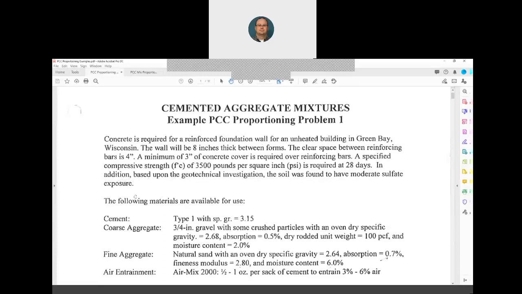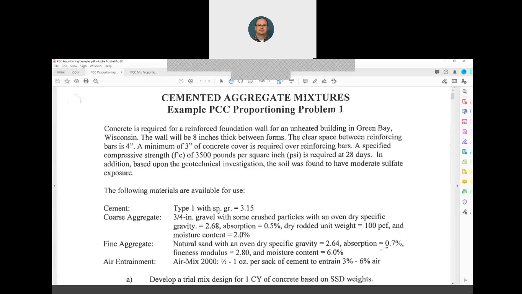Okay, the following materials are available for use. Cement type 1 with a specific gravity, SPGR is the abbreviation for specific gravity, of 3.15. 3/4 inch gravel with some crushed particles with an oven dry specific gravity of 2.68, absorption of 0.5%, a dry rodded unit weight of 100 pounds per cubic foot, and a moisture content of 2.0%.